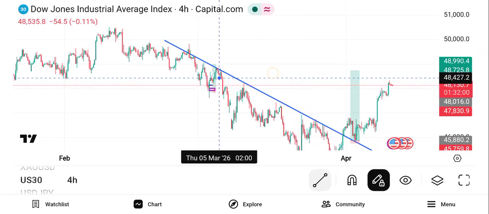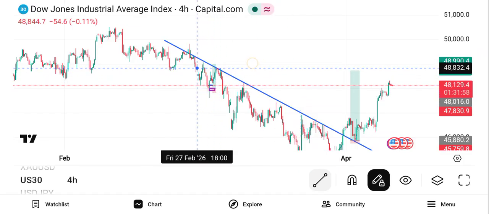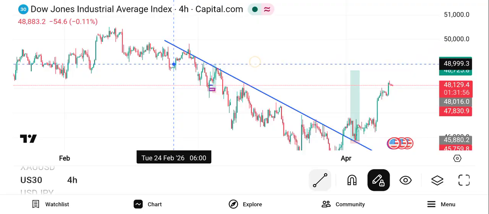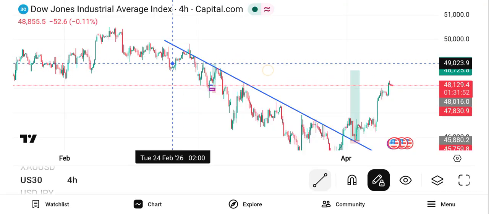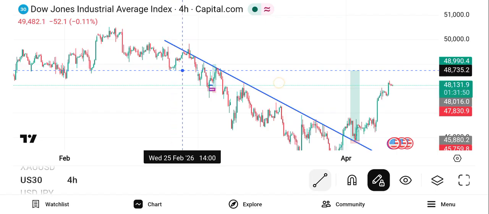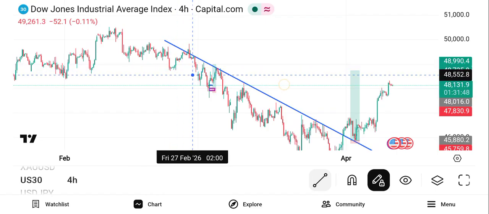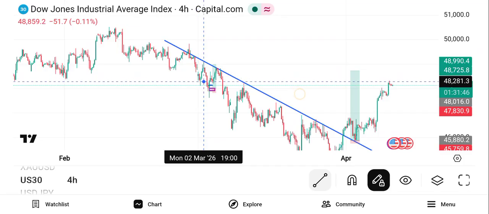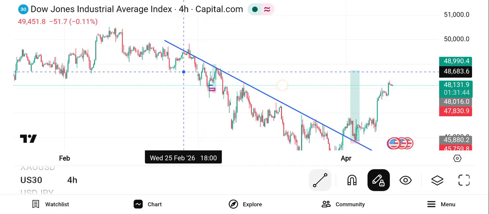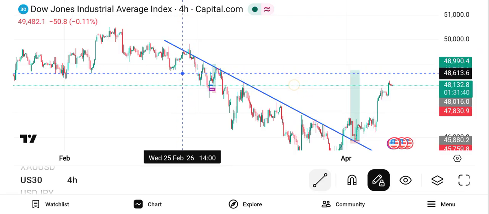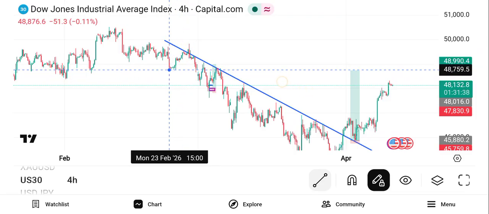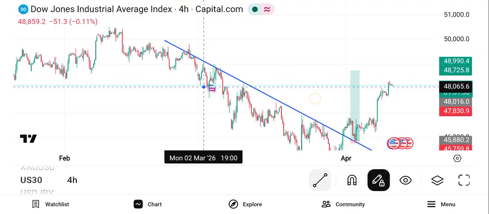So we say the indication of a downtrend is a lower low and a lower high, and the current low must be lower than the previous low. So the previous low is higher than the current low.